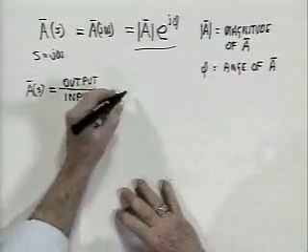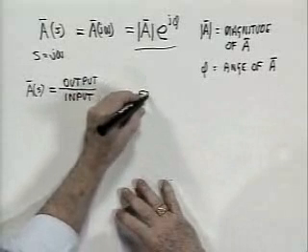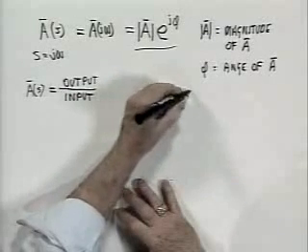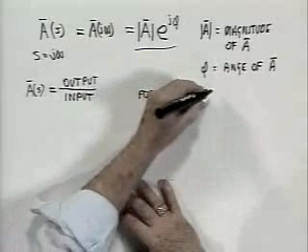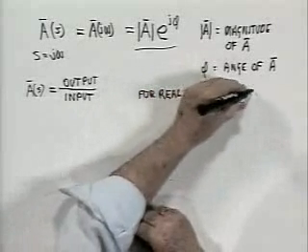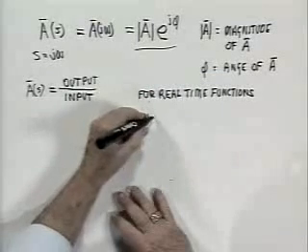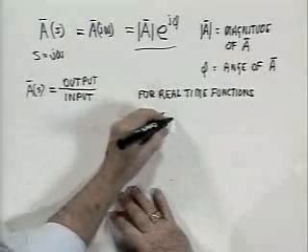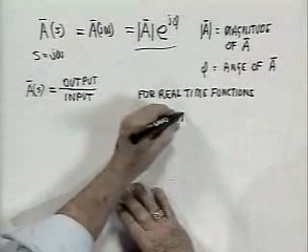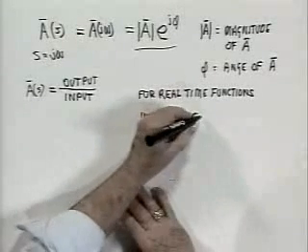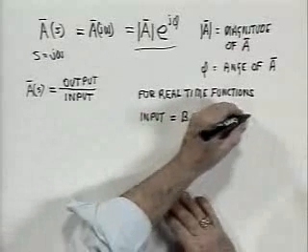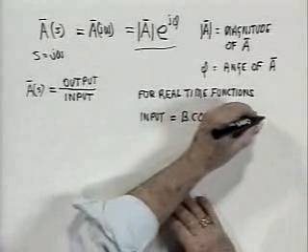Now, for real-time functions, an input would be of the form some constant, call it B cosine omega t. Omega is the angular frequency, and B is a constant.